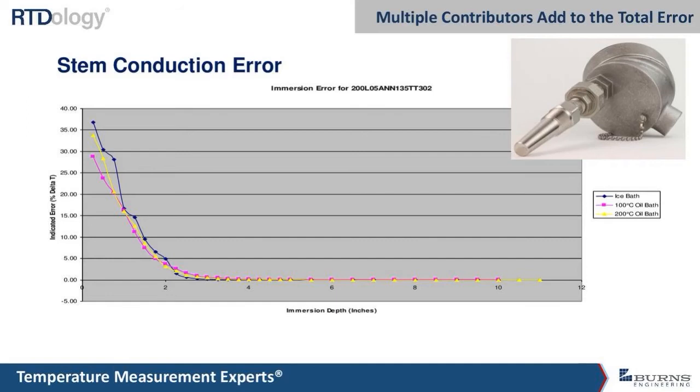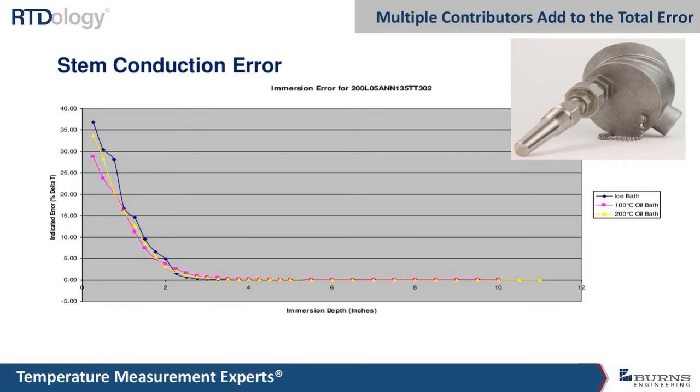Other fluids, especially I've noticed some of the food and beverage type products, like anything that has a higher fat content, like maybe if you're pumping milk or cream through a pipeline, don't seem to really give up their temperature quite as readily. I've seen more stem conduction errors with products like that.